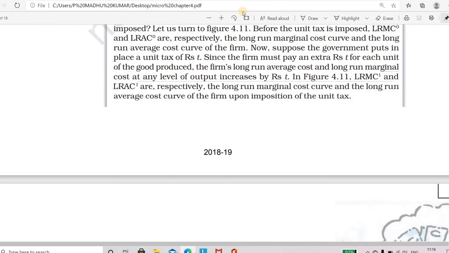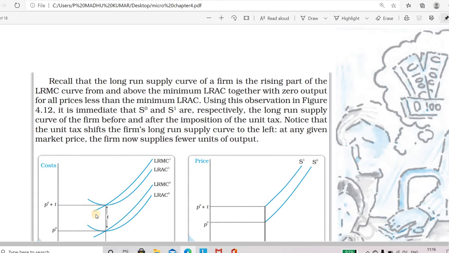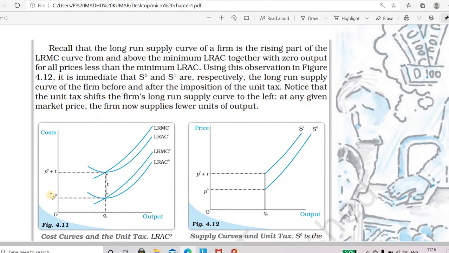Here you can see one diagram. Before tax, the price is P0 and the LRMC curve is this one. This is the LRMC curve before tax, and this is the LRAC curve and this is the LRMC curve.